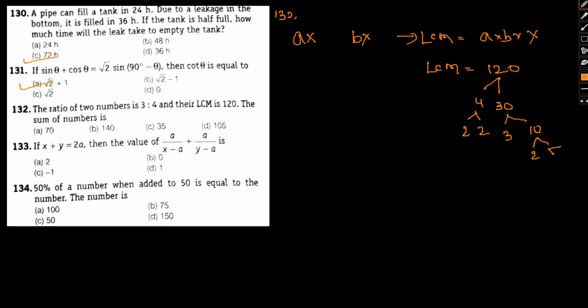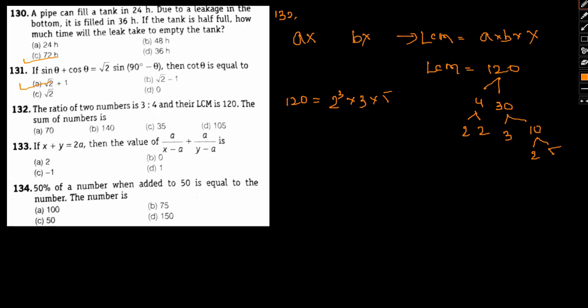So 120 can be written as 2 cube into 3 into 5. So yes, 2 cube is 8, 8 into 5 is 40, 40 into 3 is 120.